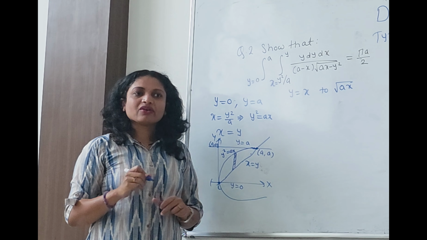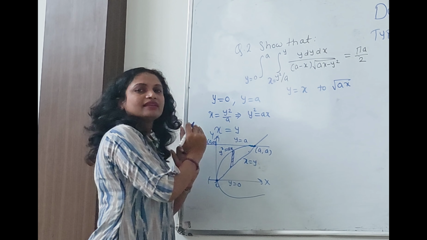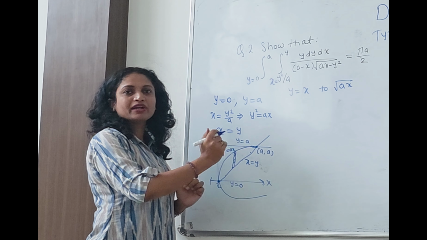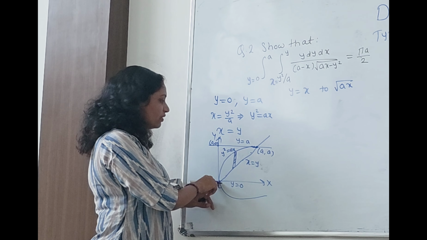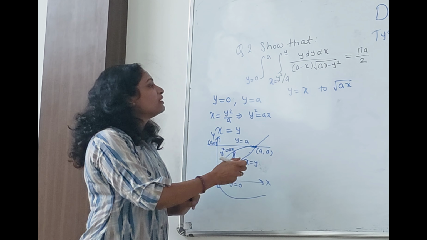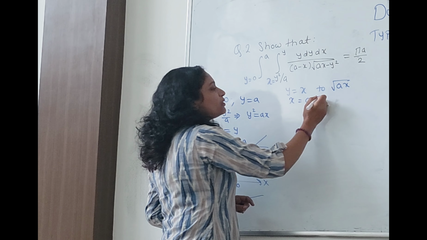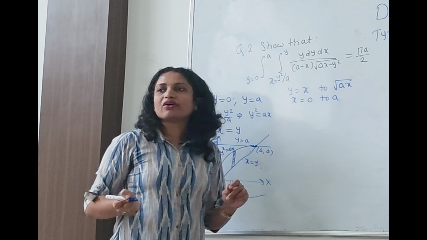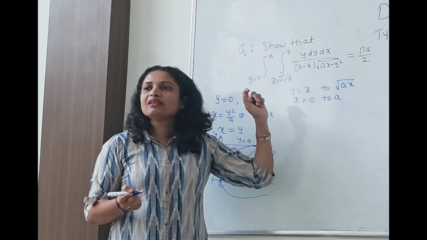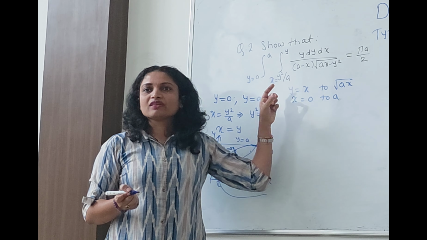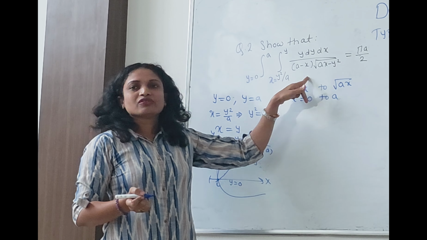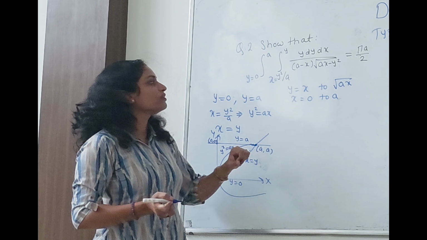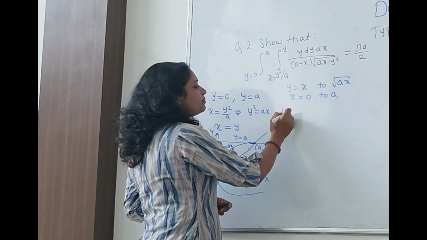What about x? On the x-axis, this whole region lies from which point to which point? From 0 to a. So x will have limit 0 to a, and ultimately we got the limits for the y variable. So we can integrate firstly with respect to y in this case. Let's change the limits and solve. This is the LHS as it is from the question.